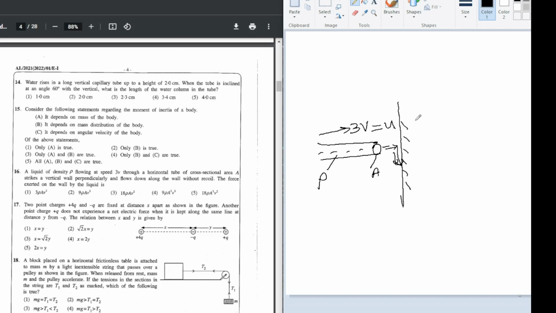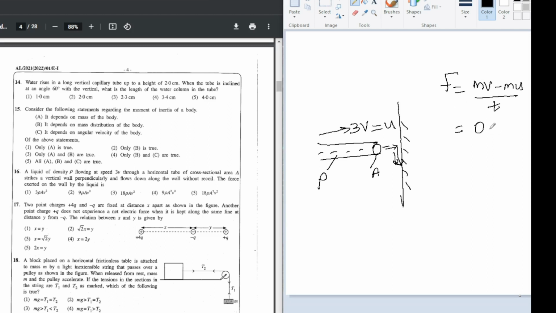Now we want to find the change in momentum to find the force exerted on the wall. The force is given by rate of change of momentum, that is mv minus mu divided by time. Final velocity in the horizontal direction is 0.